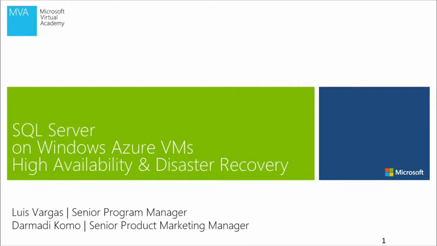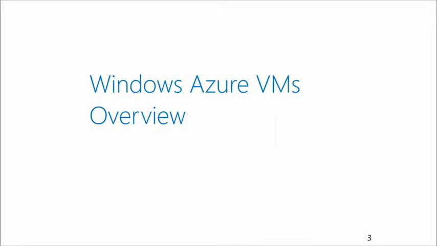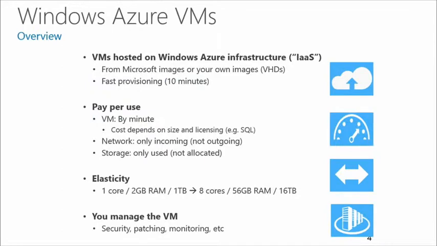Okay, great. Why don't you show us what is Windows Azure VM? Sure. So let's start with an overview first of what Windows Azure VMs are, and then we'll go into SQL Server running on Windows Azure. Windows Azure VMs basically means you can have virtual machines hosted in Windows Azure, what we call infrastructure as a service.